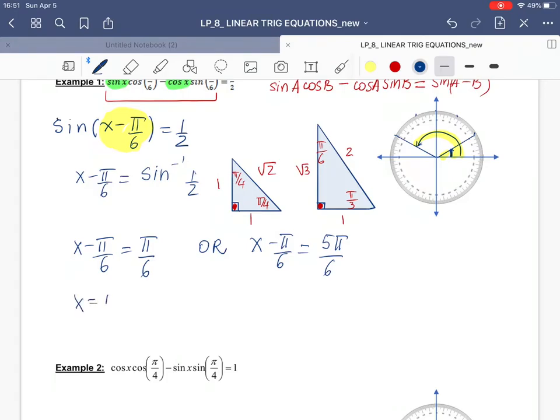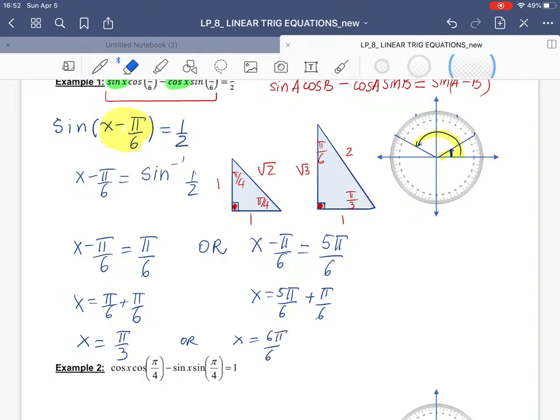So we have x equals pi over 6 plus pi over 6, or x equals 5 pi over 6 plus pi over 6. So here we have x equals 2 pi over 6, or pi over 3, or 6 pi over 6, or pi.